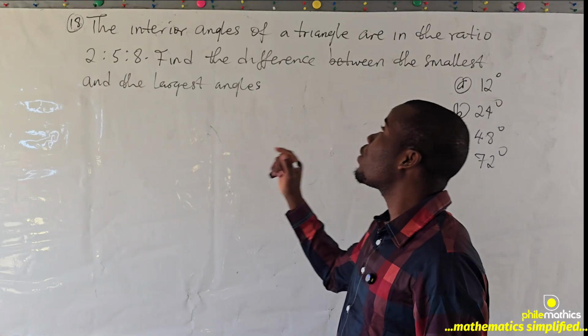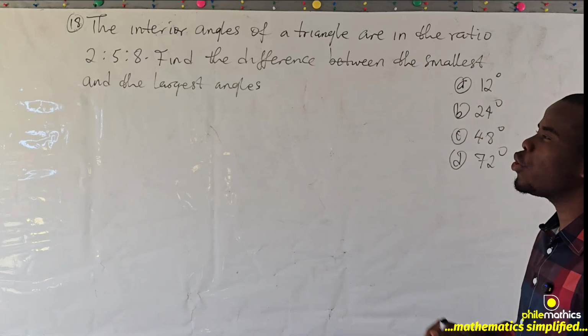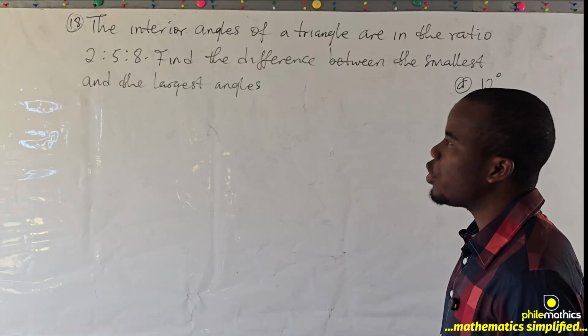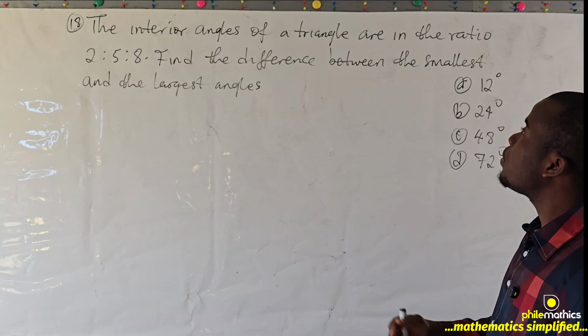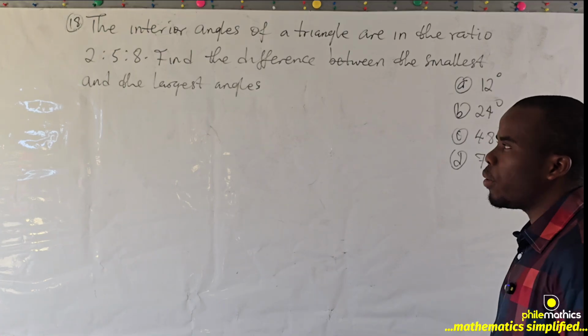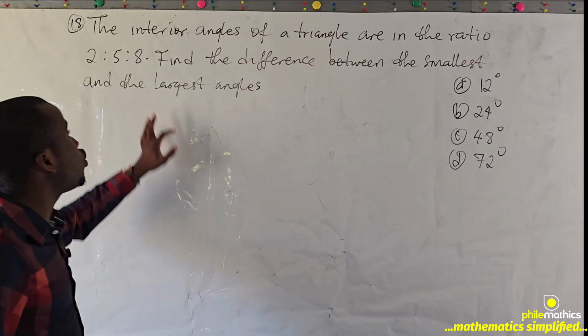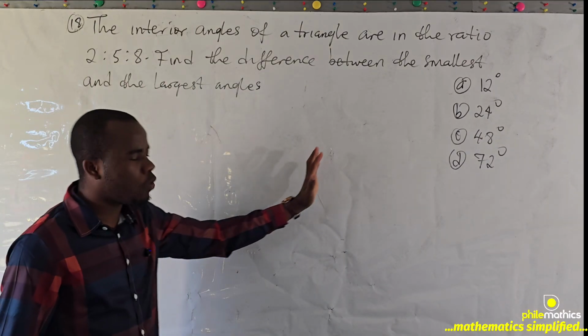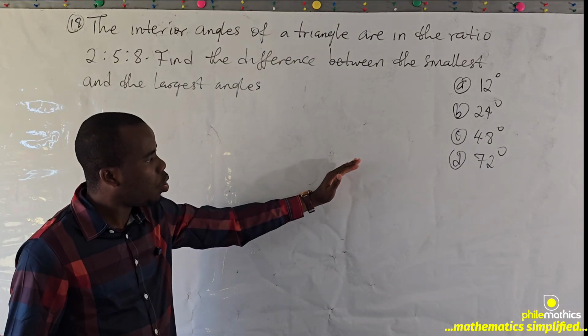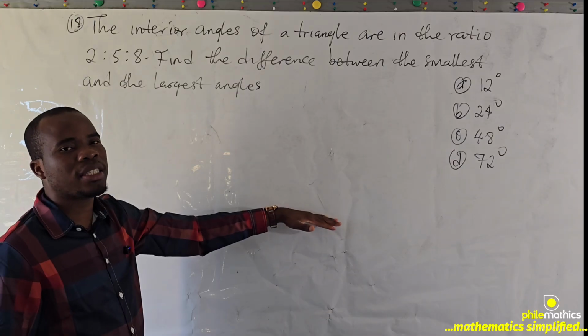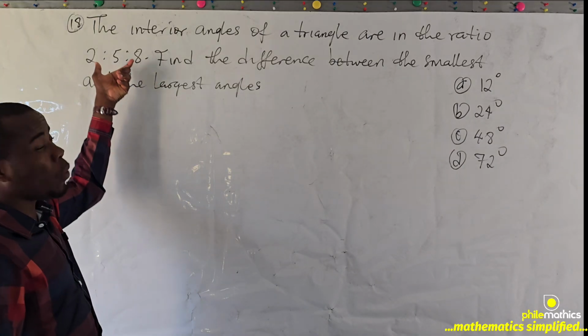The interior angles of a triangle are in a ratio 2 is to 5 is to 8. Find the difference between the smallest and the largest angles. So one thing you know about ratio is you have a set of numbers that when you reduce it to its lowest term, it gives rise to a ratio.